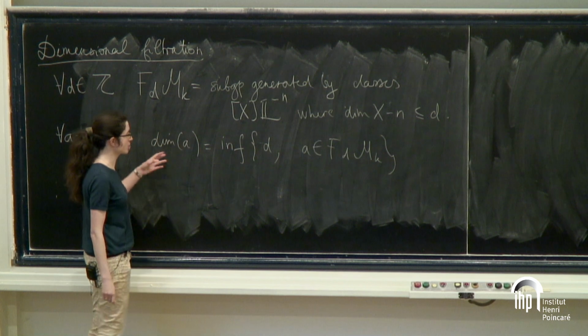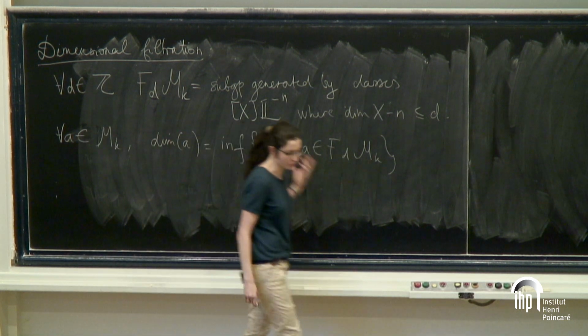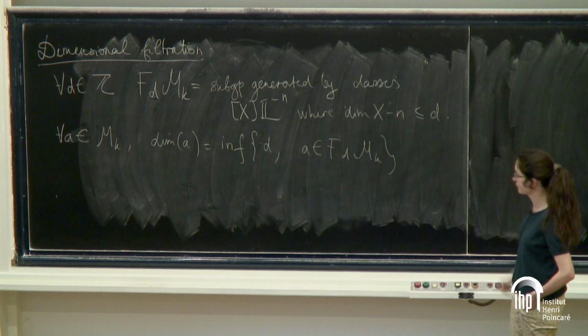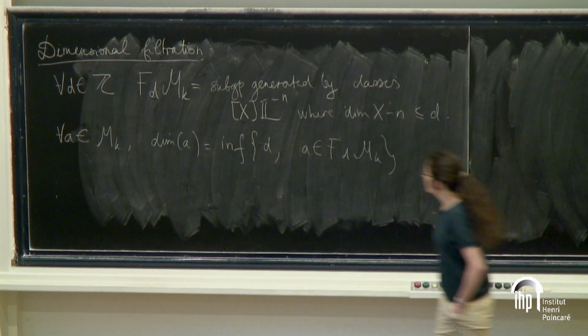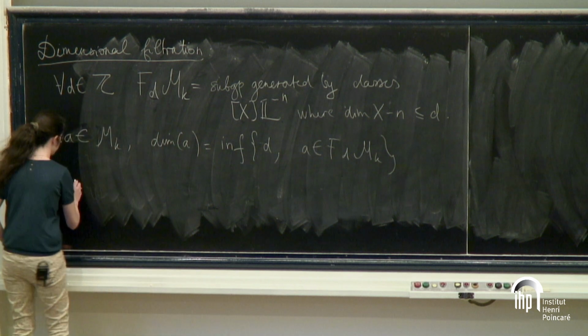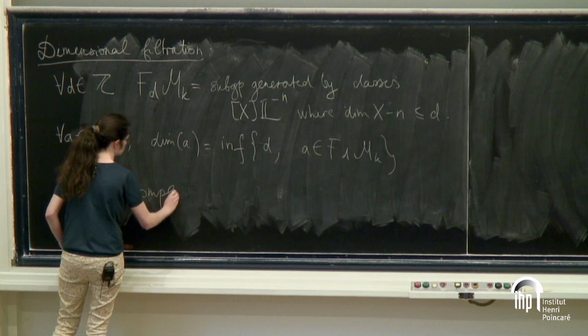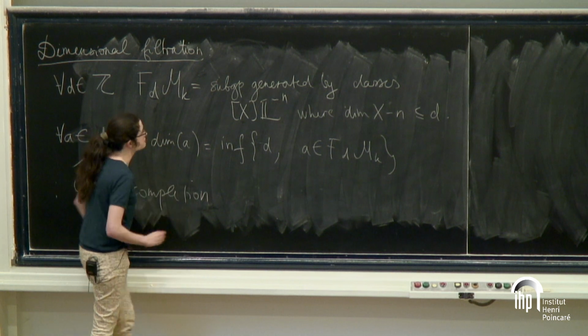So for classes of varieties, this will be just the usual dimension of the variety, but it also makes sense of the dimension for other classes. And we have a filtration, so we can define the completion with respect to this filtration.